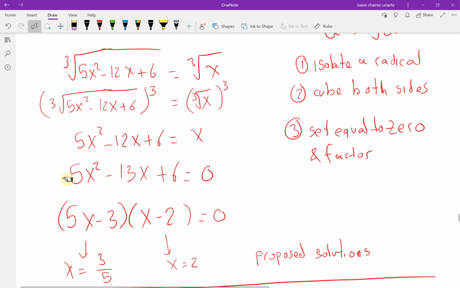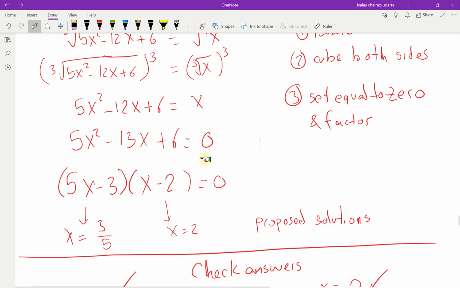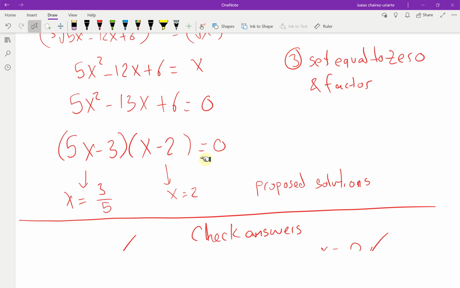Now I've got to think about whether or not this quadratic equation can be factored. If it couldn't be factored, you would have to use the quadratic formula. In this case though, it can be factored. It factors as 5x minus 3 times x minus 2. That leads to the solutions x equals 3/5 and x equals 2.